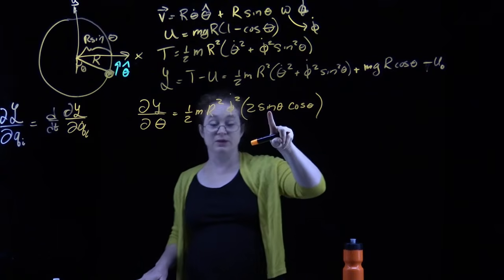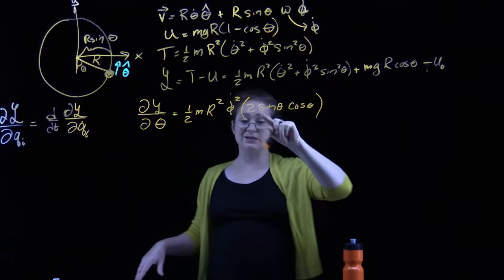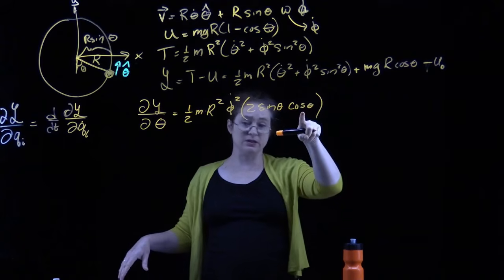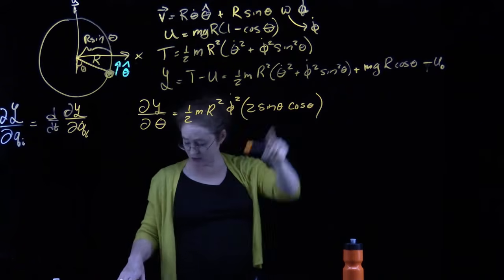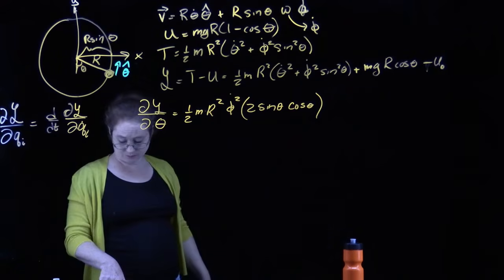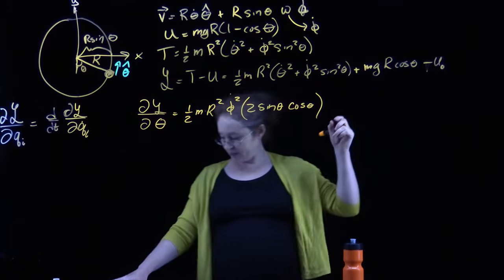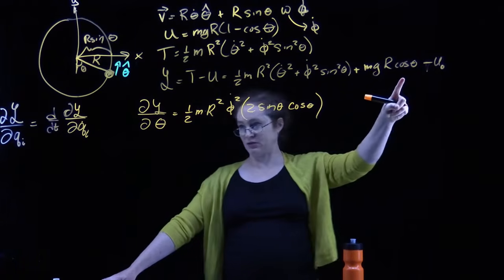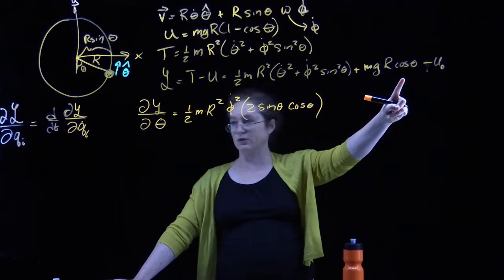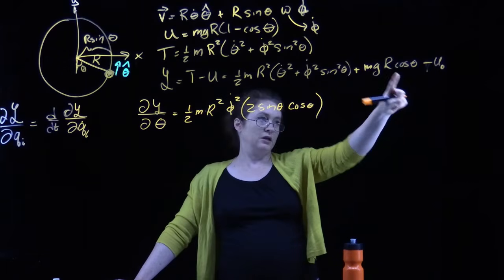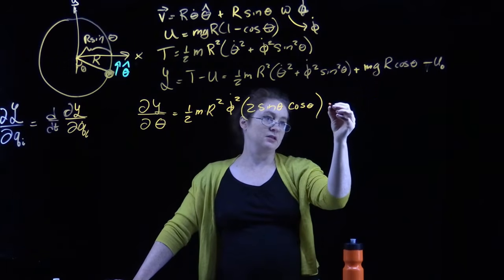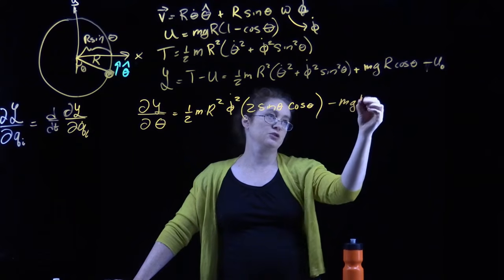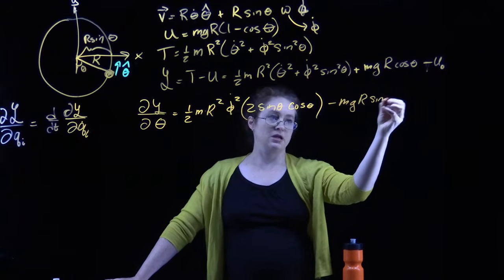So when thinking about the sign, okay, sine starts at 0 and it goes up, so I want the derivative to be positive, so I don't flip the sign there. And then I have to take the derivative of this term with respect to theta. So I get a negative mgr sine theta.